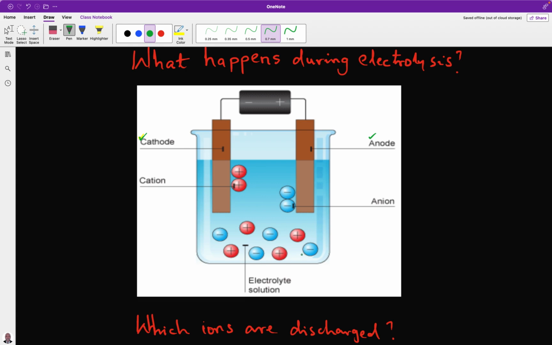So when an electric current is passed through this ionic compound in an aqueous solution, what happens? This ionic compound is decomposed into the cations and the anions. The cations will now go to the negatively charged electrode, which is the cathode, and the anions will go to the positively charged electrode, which is the anode.